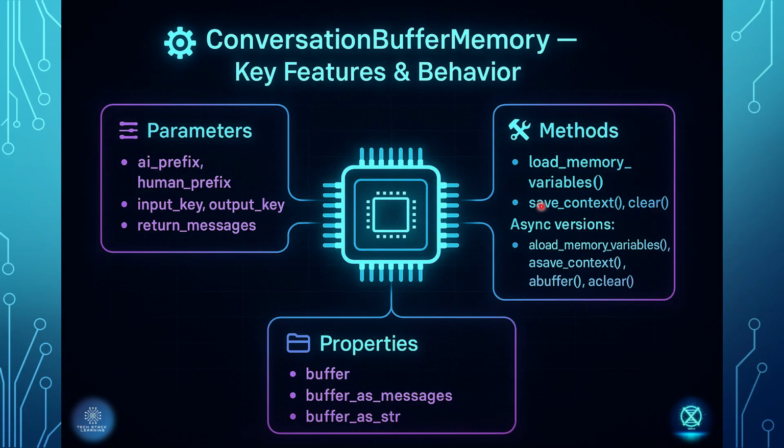When it comes to the methods, it gives you load memory variables, which helps you retrieve stored history for prompt formatting. If you want to load the entire history, you can use this. Save context is for manually adding the user and AI messages to the memory. Then we have clear, which wipes all the stored history.